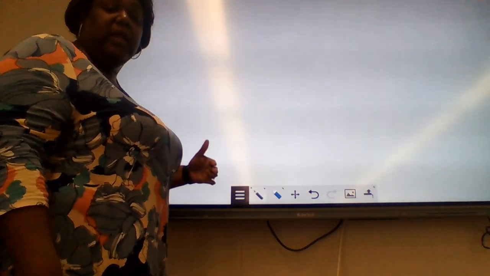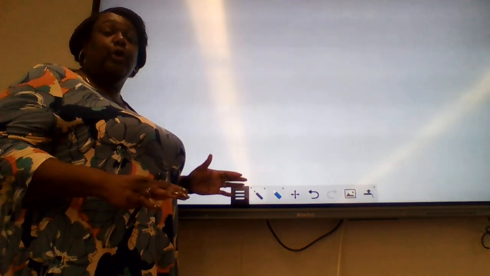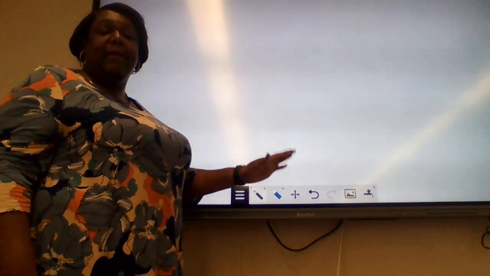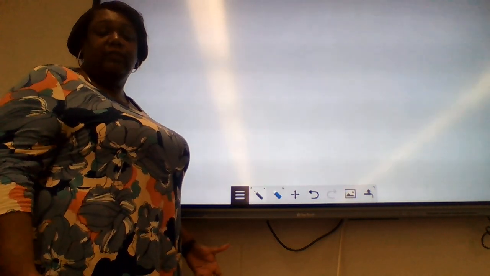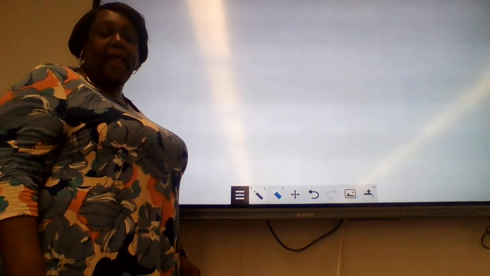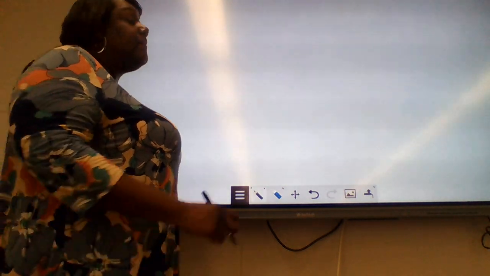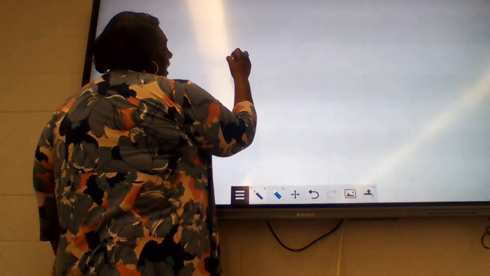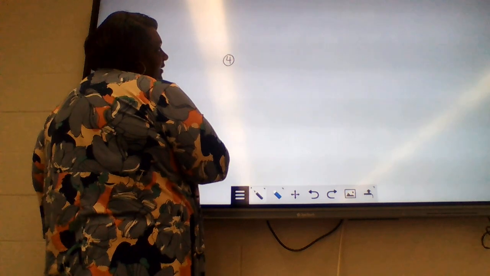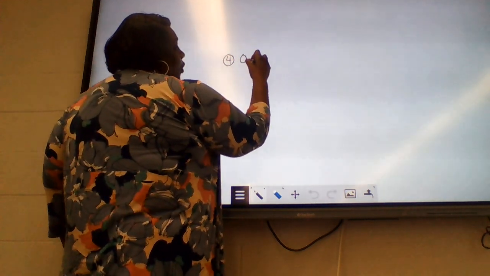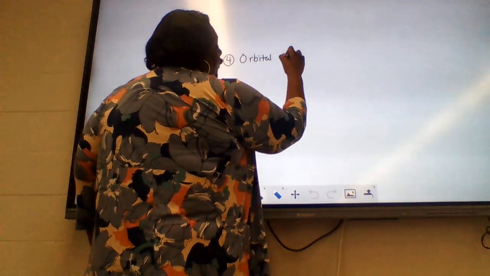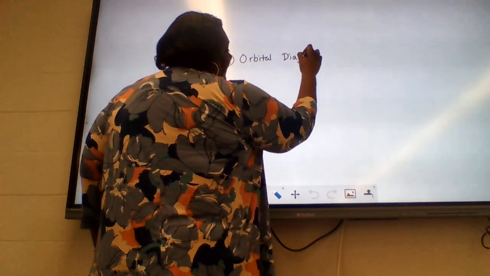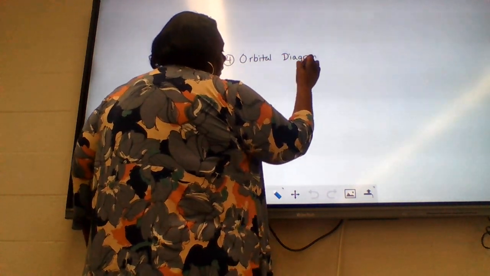It gets a little more complicated once we get past element 20 on the periodic table, but I can do some examples with bigger atoms in just a moment. But I do want to take a moment to make sure that you know the 4th kind of electron configuration, which is your orbital diagram. You will have some of these kinds of problems on your homework.